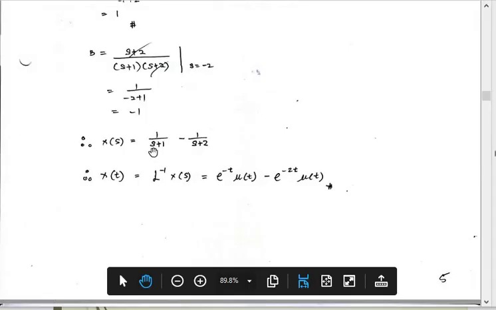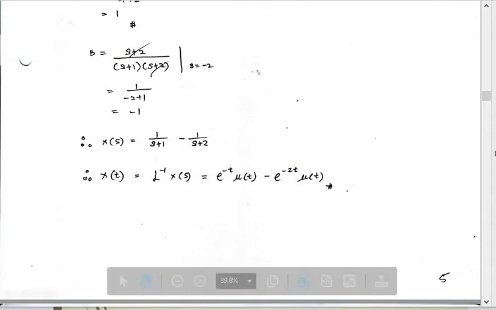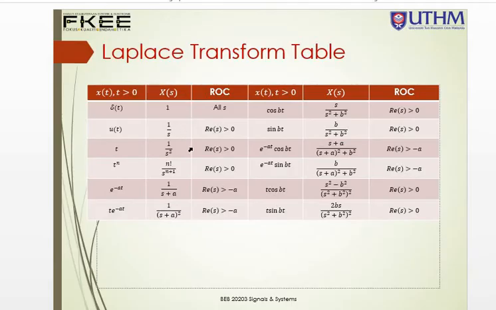You have 1 over s plus 1, you can check the Laplace transform table. 1 over s plus a is your s domain. Just now it's 1 over s plus 1, so 1 is the a value. The x(t) is the exponent negative at, so you can change to exponent negative at.